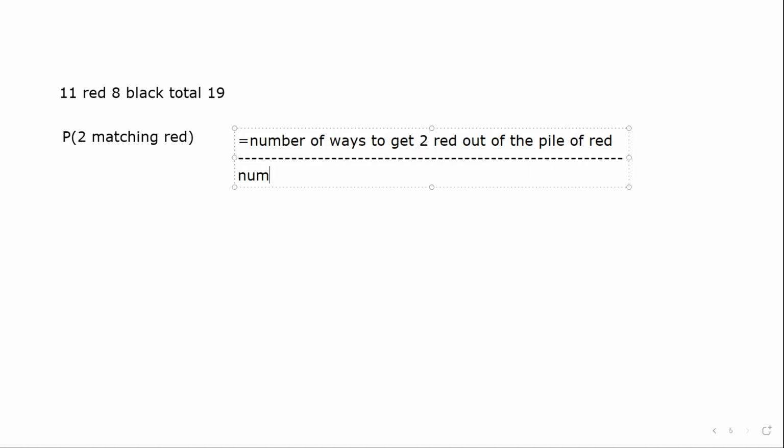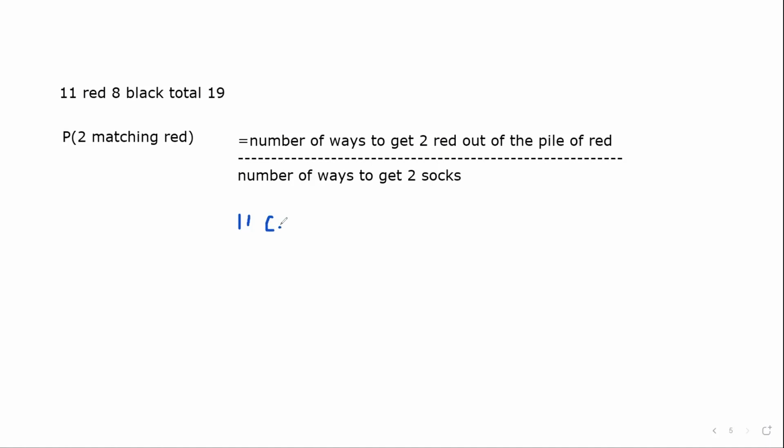So the number of ways to get 2 socks. What I end up with here is from 11, because there's 11 red, I choose 2.